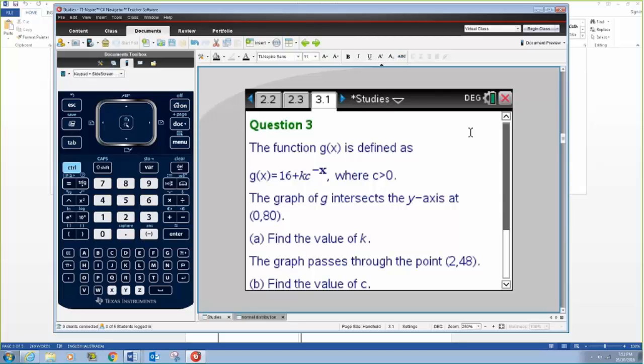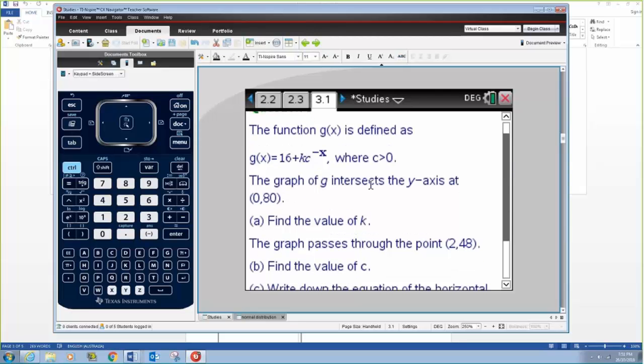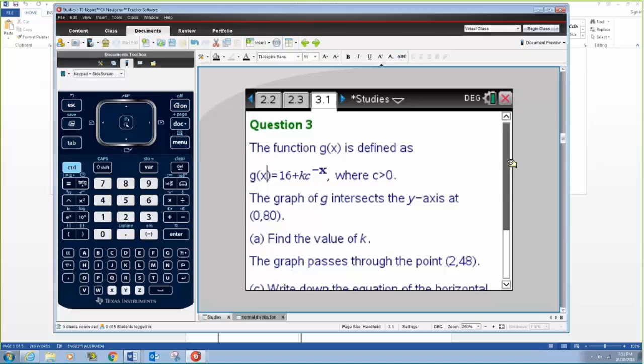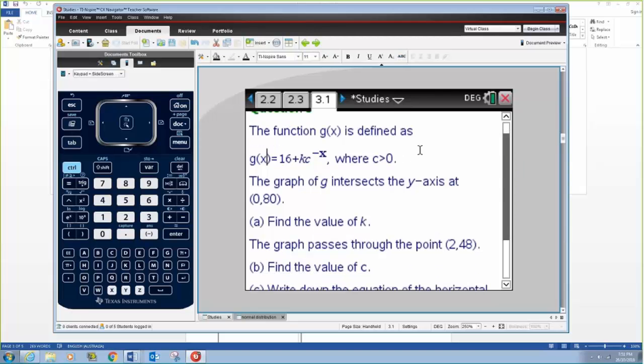This is the exponential function where we have two unknowns. Here we have k and c. They say c is greater than 0, and we are given two pieces of information, the y-intercept, and it says find the value of k and then another point. We can't really define and try to solve, given that it doesn't work very well, unfortunately, with the TI-Nspire non-CAS.